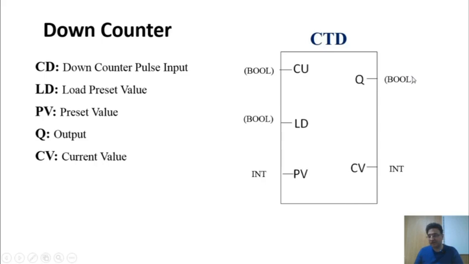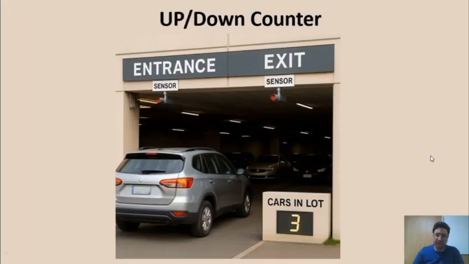This functionality too is something that we can use in various industrial applications and settings. Our next counter, which is an interesting device, is known as the up-down counter. As you can observe, it displays the entrance and exit movements of vehicles within a car parking lot for us.